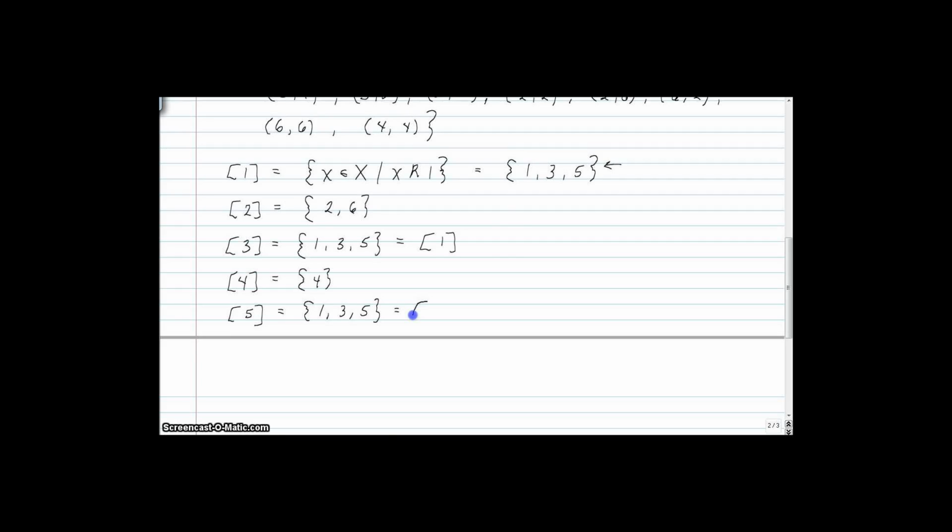Equivalence kernel: the equivalence kernel of a function f is the equivalence relation tilde defined by x tilde y if and only if f(x) equals f(y). The equivalence kernel of an injection is the identity relation.